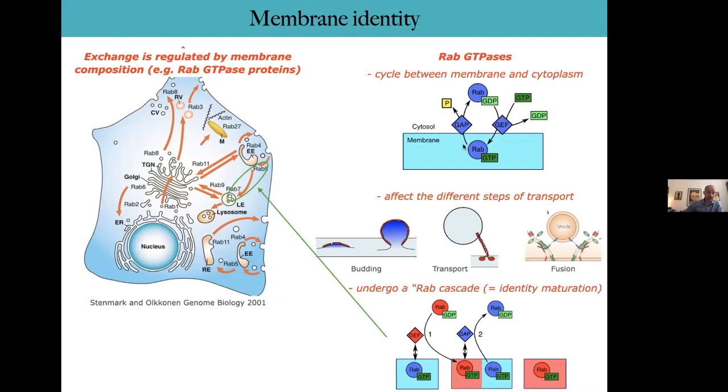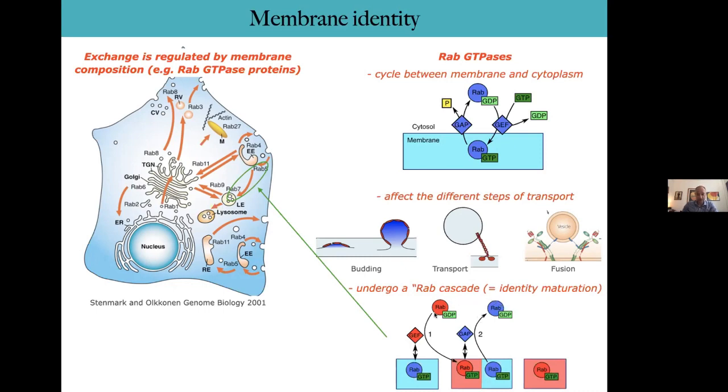And then there is another interesting property of these Rabs, and probably also other identity markers, which is that there is a so-called Rab cascade, which tells you that some Rabs, so in this case the red Rab, are able to inactivate the blue Rab. So if you have a blue compartment and then somehow, for some reason, a red Rab is coming to this compartment, this will tend to deactivate the blue Rab.